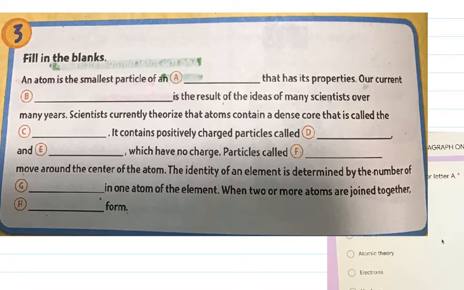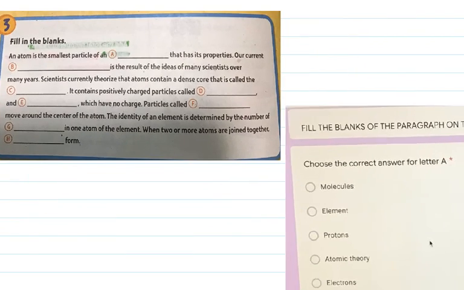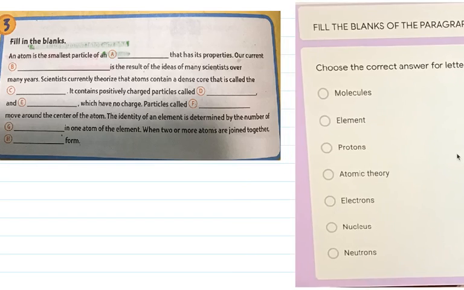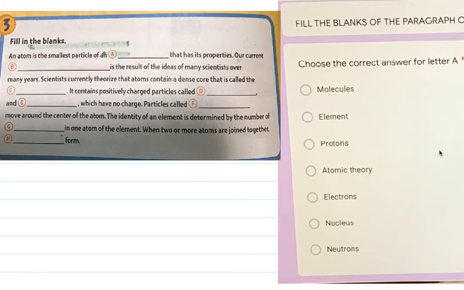Okie dokie. So, let's read the first line together, shall we? An atom is the smallest particle of an blank that has its properties. Okay. Now let's try it with all of these different answer possibilities.